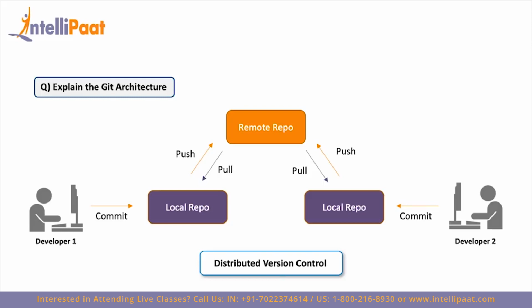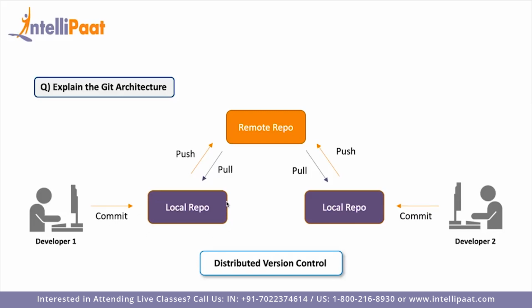Right? If you were to talk about the life cycle, as to what are the steps to implement if somebody wants to, say, upload or change some code present in our remote repository. The first thing that they have to do is pull the repository from the remote system. Once they have pulled the repository, it becomes their local repository. They change whatever files they want to change, and then once they are done with the changes, they will have to do a git commit, or they'll have to commit the files to the local repository.